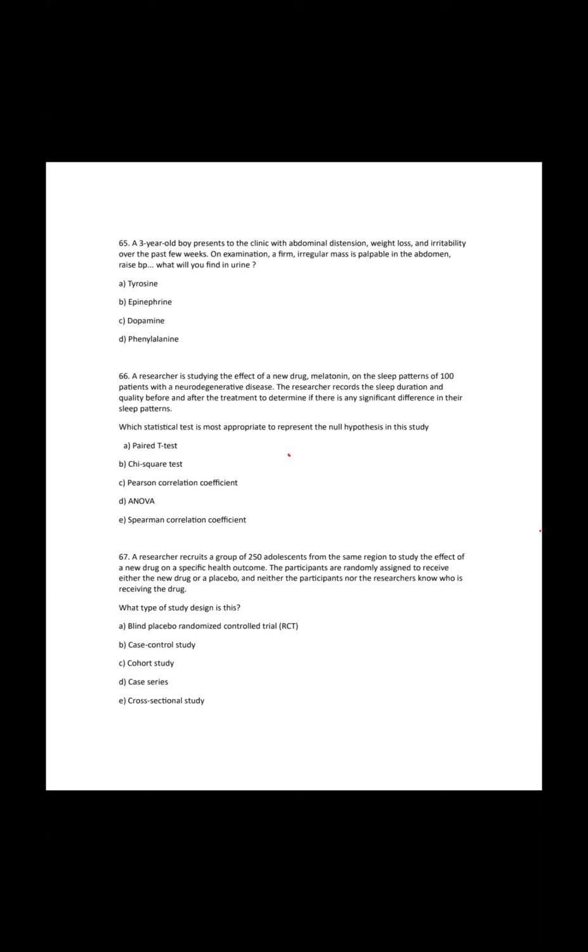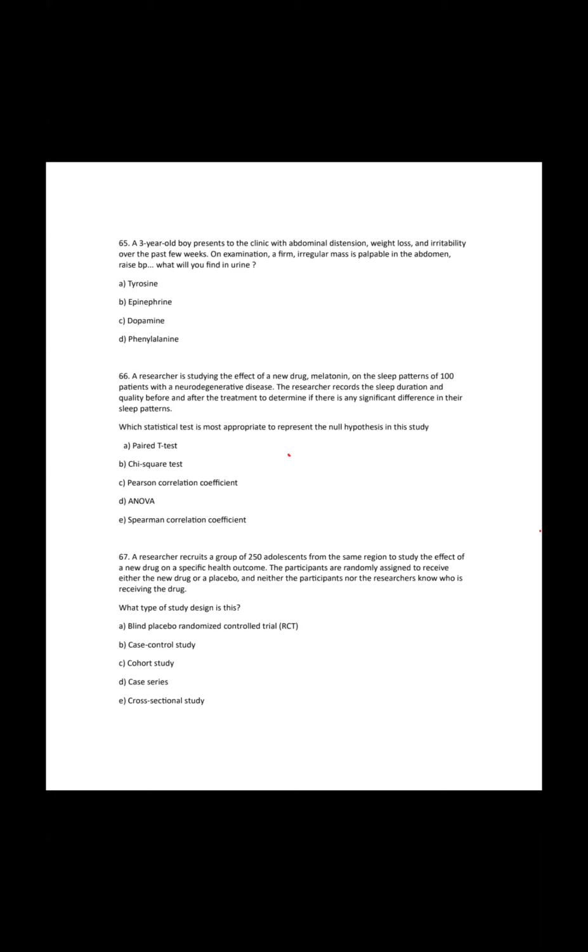Metabolites, just a second. Epinephrine and norepinephrine. Vanillylmandelic acid is a chemical intermediate in the synthesis and an end-stage metabolite of the catecholamines, epinephrine and norepinephrine. So the answer is epinephrine.